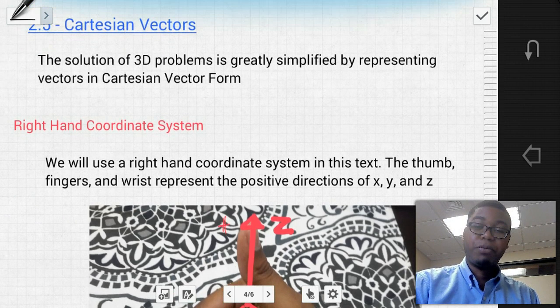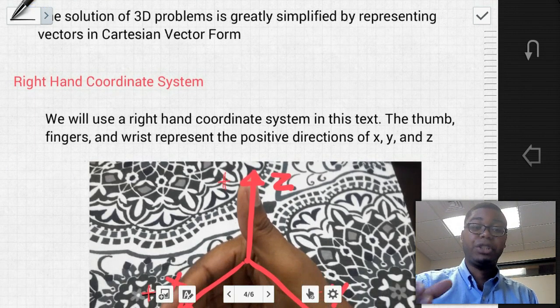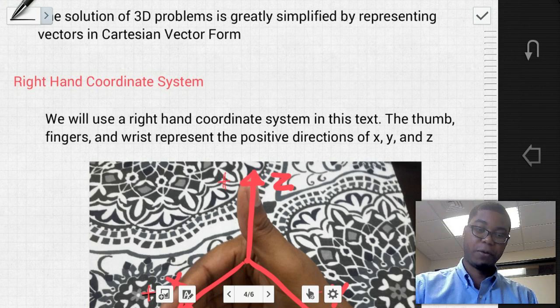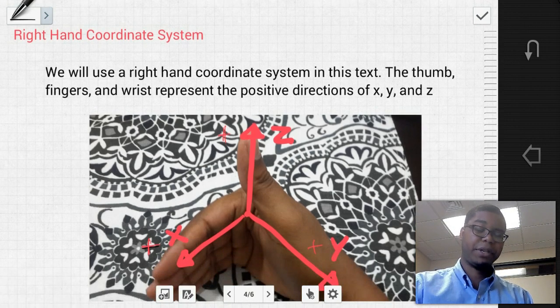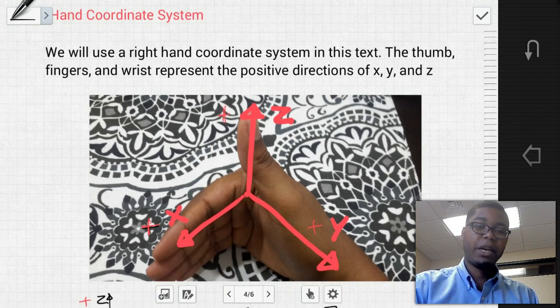Now, the most important thing is to establish a consistent coordinate system that you can use in order to solve problems in Cartesian vector form. In this book and in this class, we're using the right-hand coordinate system. We will use a right-hand coordinate system in this text.